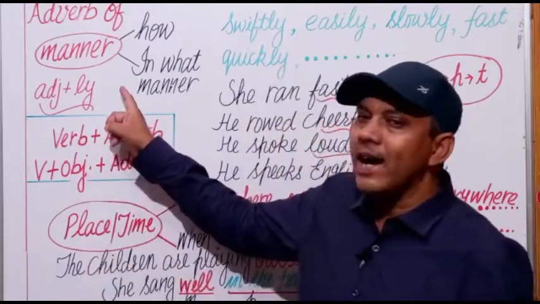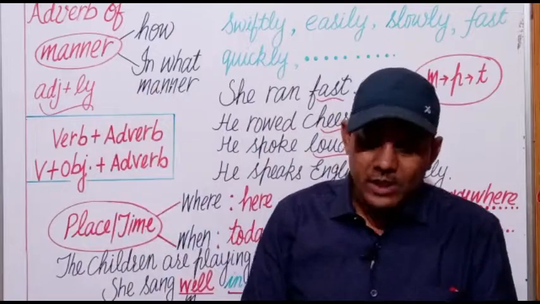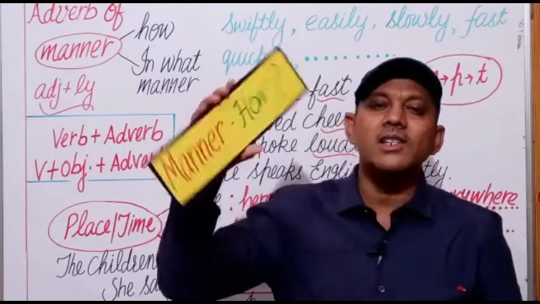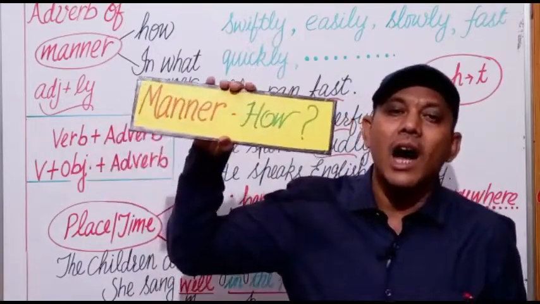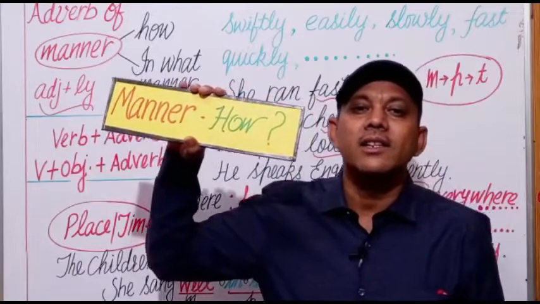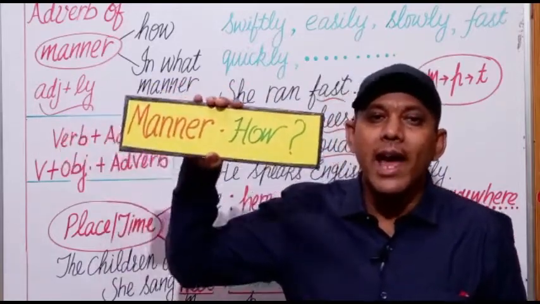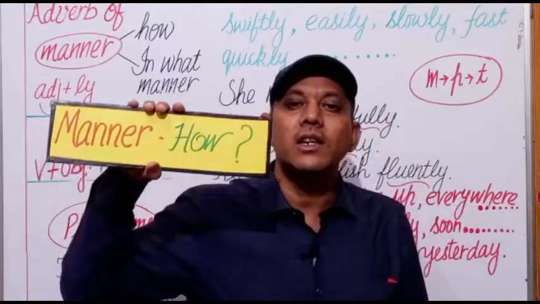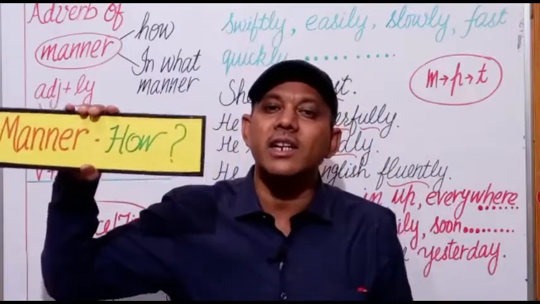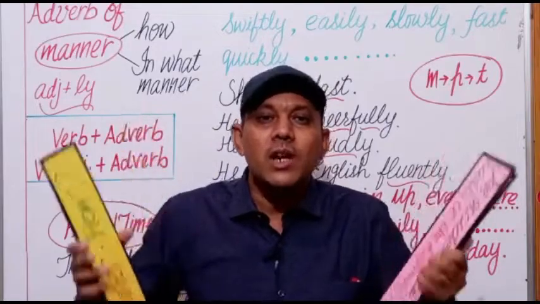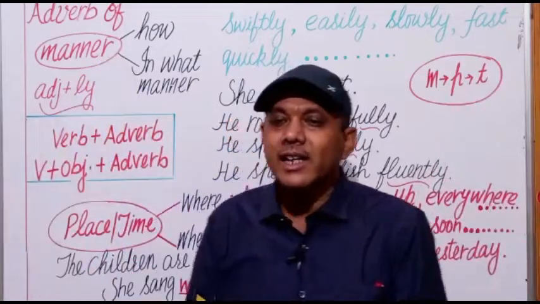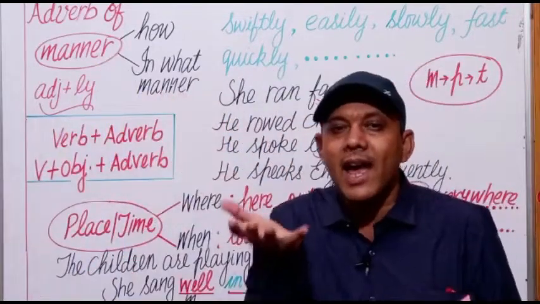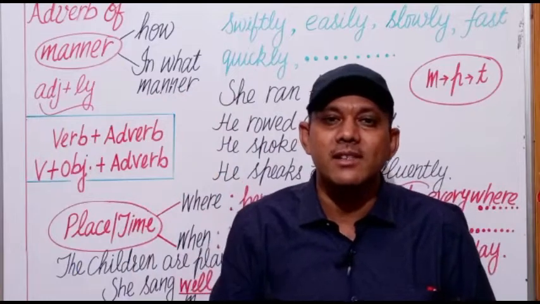In case of adverb of manner, first of all, what does it tell? It tells how the action is done, or how the action has taken place, how something happened. It tells in what manner the action has taken place.